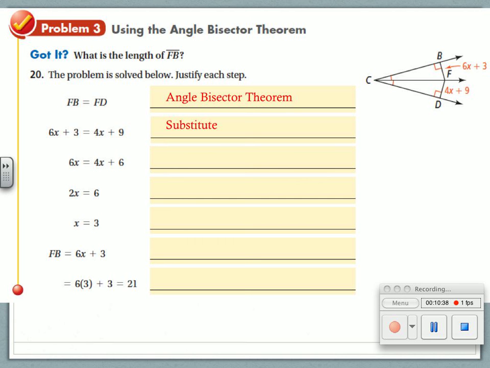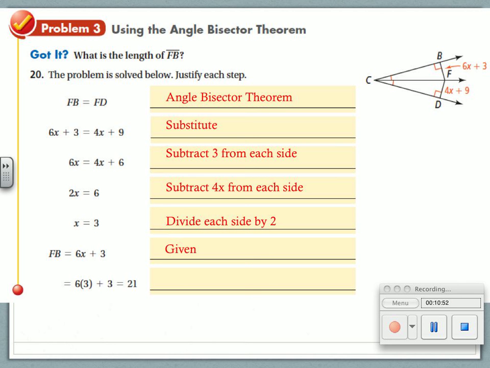Now I'm going to subtract 3 from each side, subtract 4x from each side, divide each side by 2, and I get x equals 3. Now, FB equals 6x plus 3. That's given to me in the drawing. So I substitute my value of 3 in for x. I get 6 times 3 plus 3 equals 21. So we substitute 3 for x and simplify. That's how we use the angle bisector theorem to solve a problem.